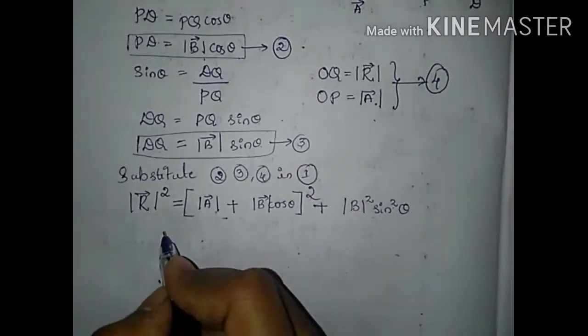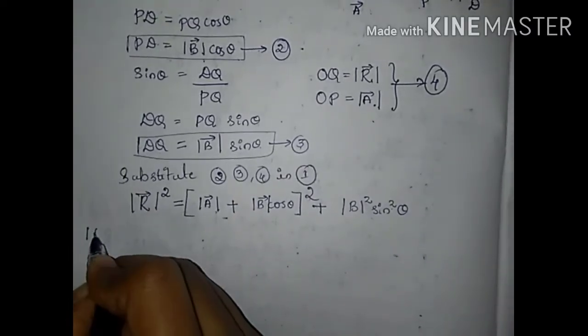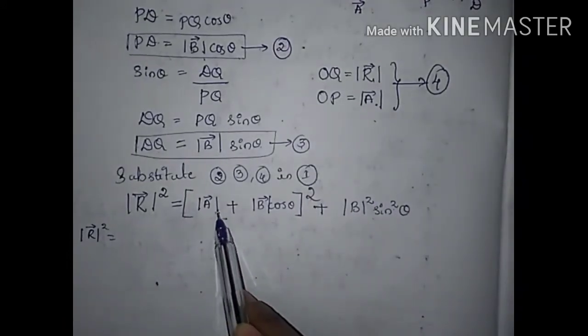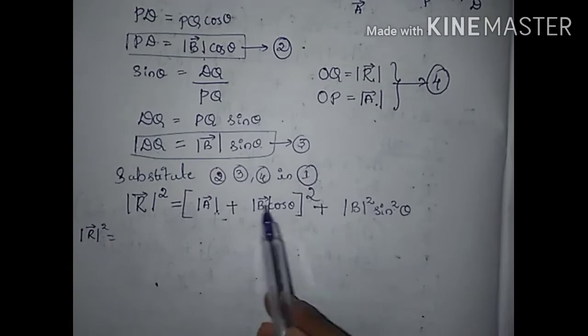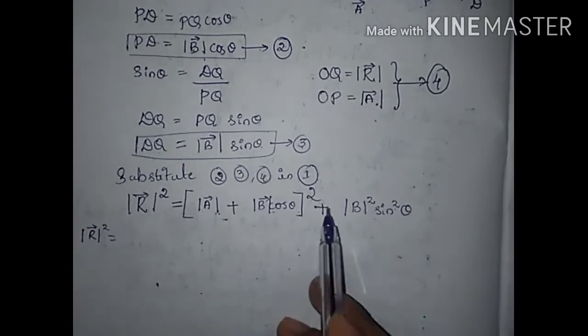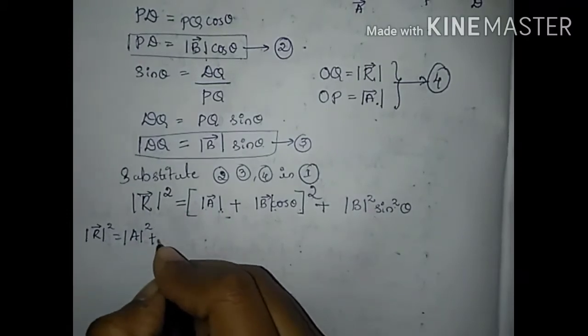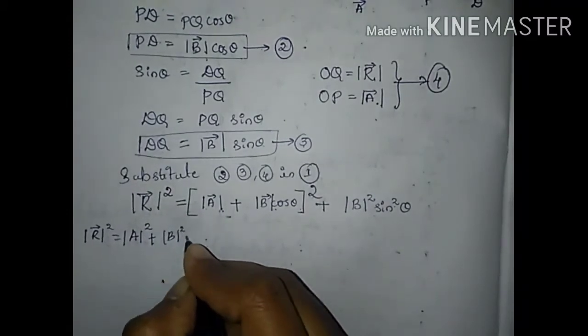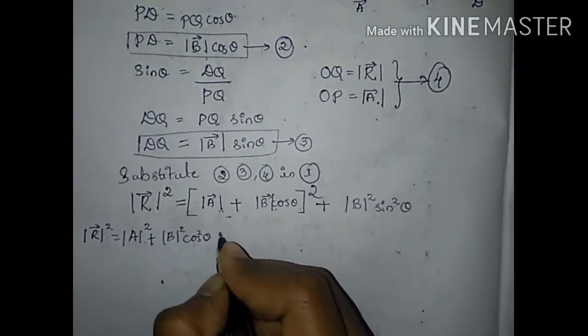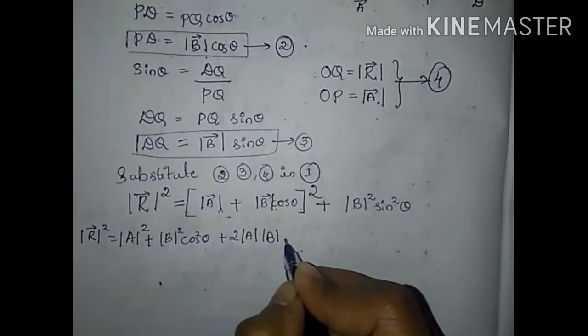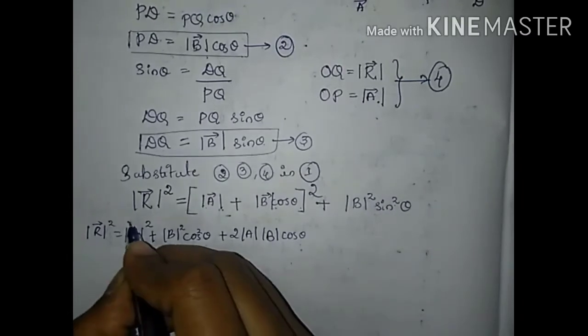So if you rewrite this equation, this is A plus B cos theta whole square, so A square plus B square cos square theta plus 2AB cos theta. So mod A whole square plus mod B whole square cos square theta plus 2AB cos theta.